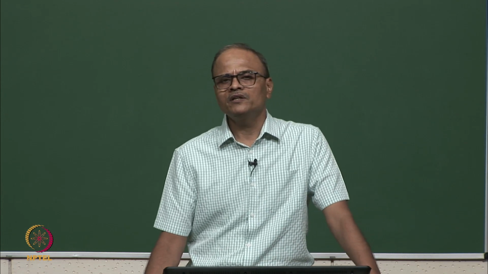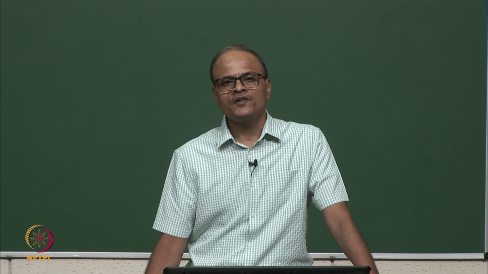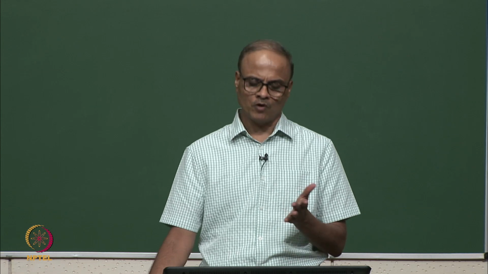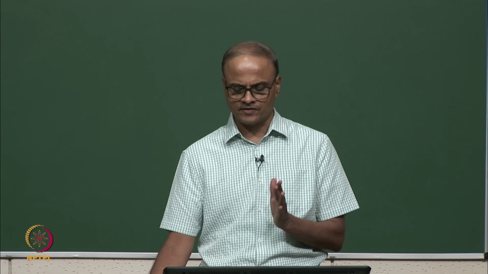So, then how do you determine the eigenvectors of the modified structure in the physical space? We make use of the transformation that was used, y is equal to phi into q. Here q will be an eigenvector when free vibration occurs in a particular mode of vibration. Therefore, all eigenvectors in the physical space can be obtained by the product of matrix phi and matrix psi.